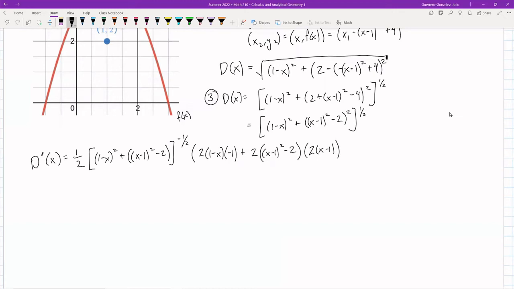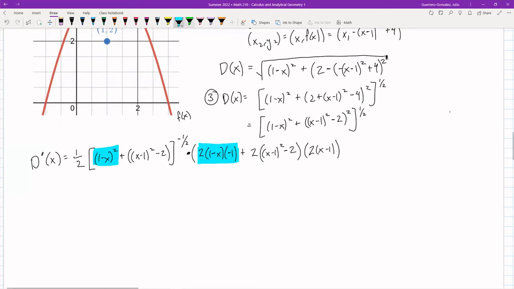Okay, so let me explain what happened here. This portion right here is the very beginning portion of the chain rule. It's the derivative of the outside leaving the inside by itself. And then it's supposed to be times the derivative of the inside, the derivative of this stuff in here. So let's break that down now. The derivative of this, you drop down the 2, times the thing by itself, times the derivative of the inside. So that derivative is this.